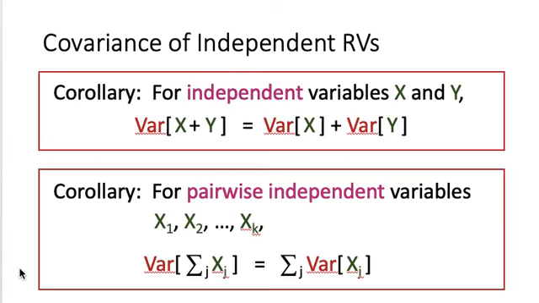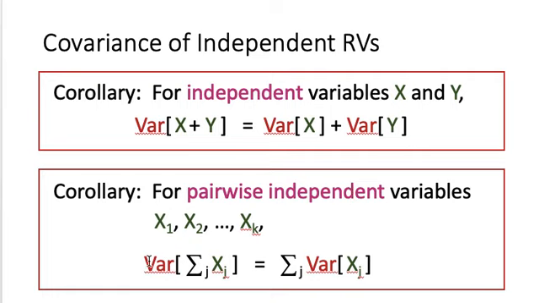Okay, so now we have immediate corollaries. For independent random variables x and y, their covariance is equal to 0, so we will have linearity of variance. Similarly, if x1, x2, up to xk are pairwise independent, the corresponding covariance terms will all be 0.